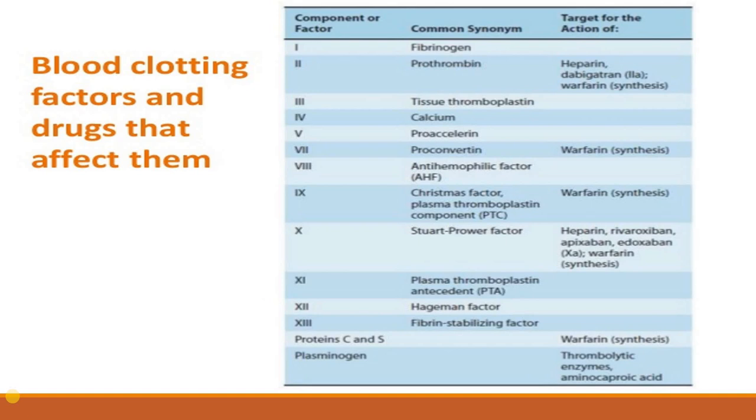Factors 5, 6, 7 are antihemophilic factors, and 8 is Christmas factor or plasma thromboplastin component (PTC). Factor 9 and factor 10 is Stuart-Prower factor, and 11 is plasma thromboplastin antecedent (PTA), and factor 12 is Hageman factor, and factor 13 is fibrin stabilizing factor.